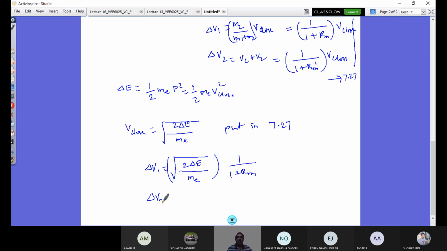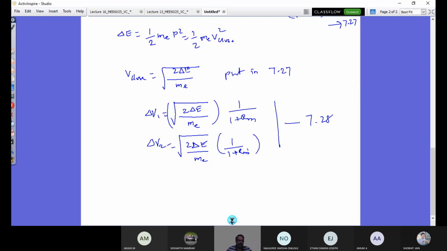Similarly, I'll have delta V2 is under root of 2 delta E by ME into 1 by 1 plus Rm dash. So these are the set of equations 7.28. So now change in velocities is calculated here.